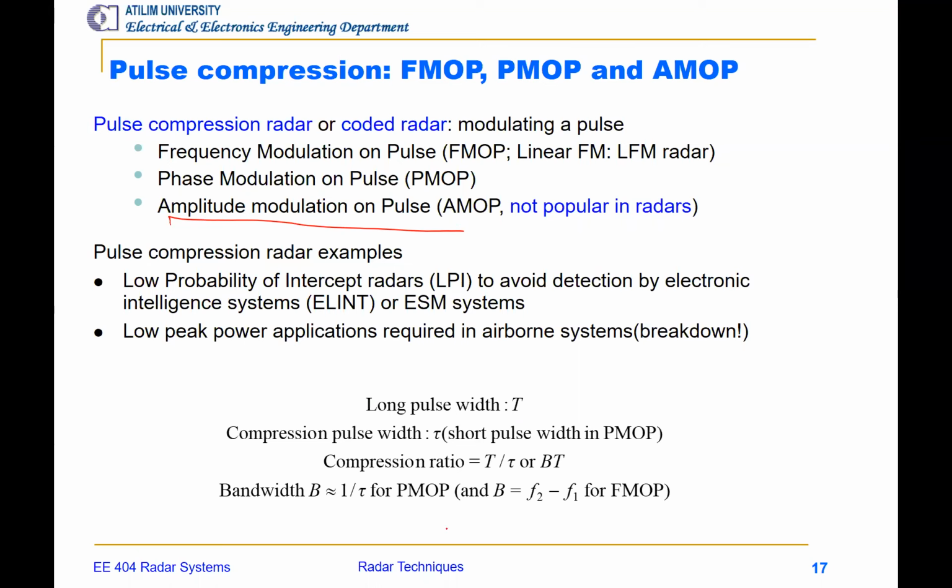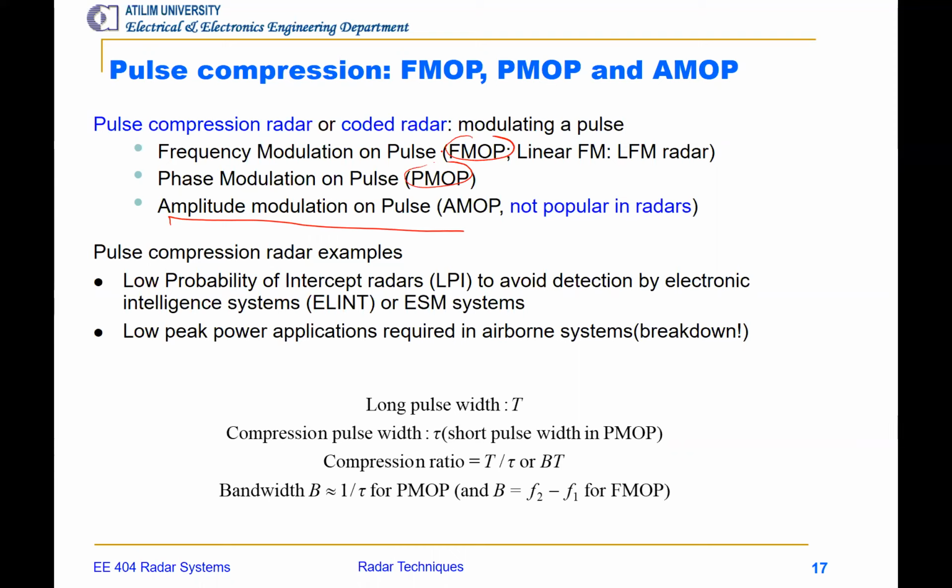We mainly use FMOP or PMOP, so frequency modulation on pulse and phase modulation on pulse. This means that we either change the frequency from subpulse to subpulse, or we change the phase from subpulse to subpulse.